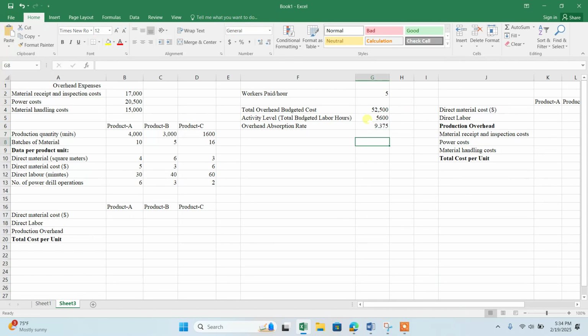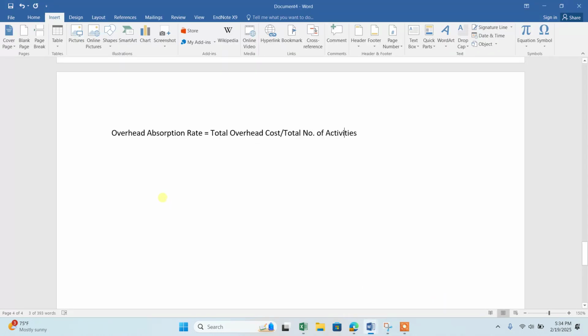This 9.375 means that, with a denominator of 1, which means for 1 hour, how much is the overhead expense of the company? It is 9.375 for 1 hour.